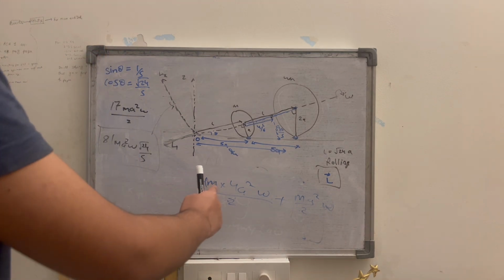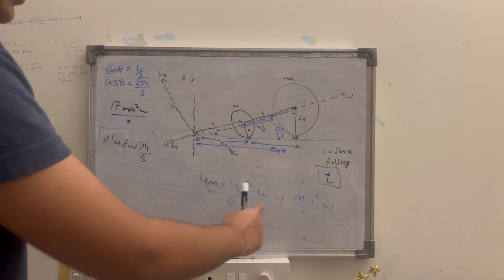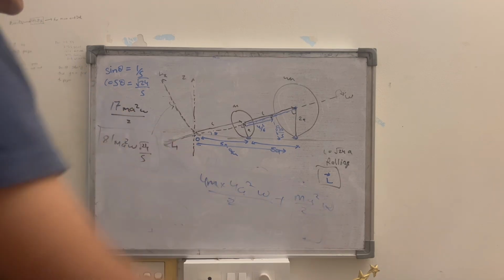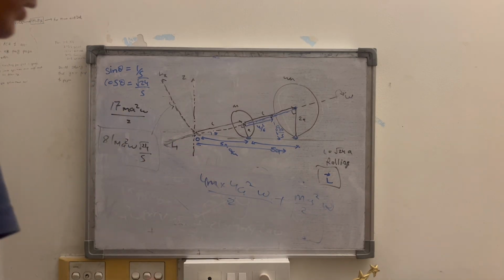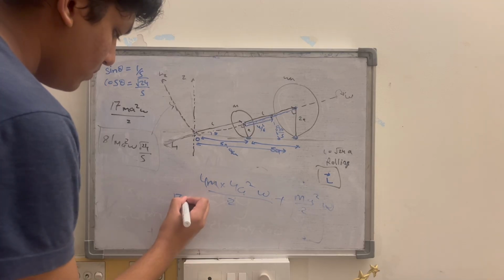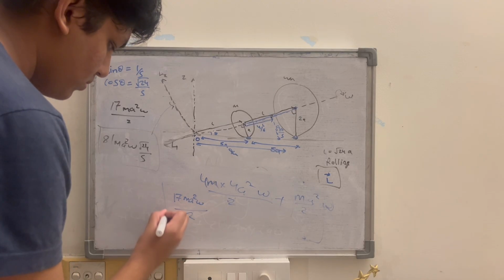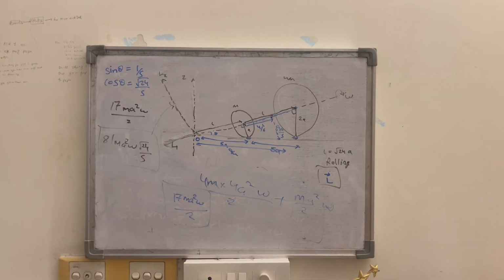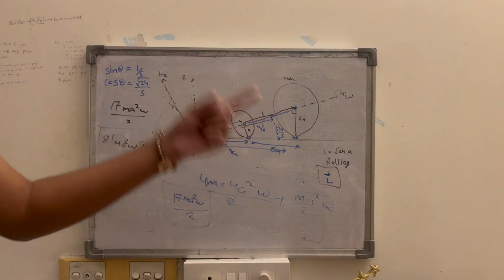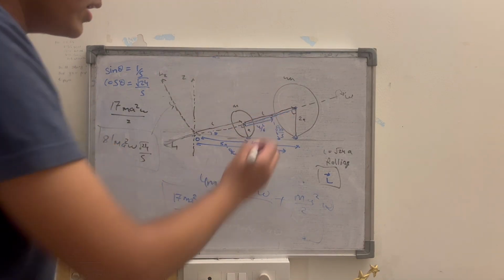So 4m, 16 ma square omega by 2, 17 ma square omega by 2. So this is the value of the angular momentum of this system about the center of mass.